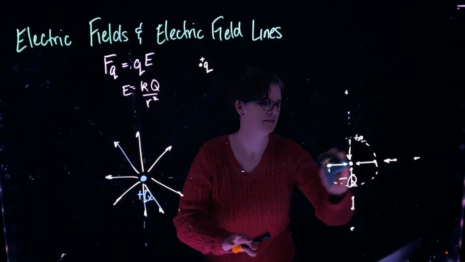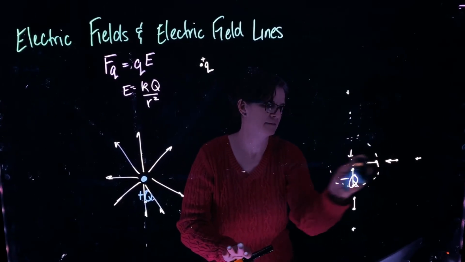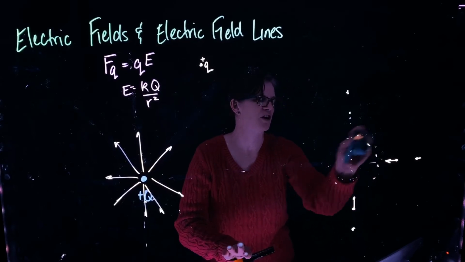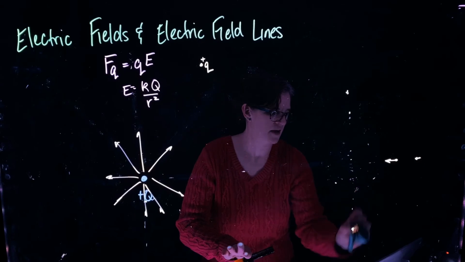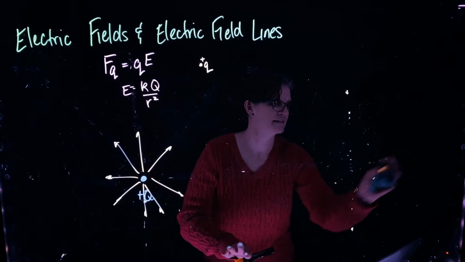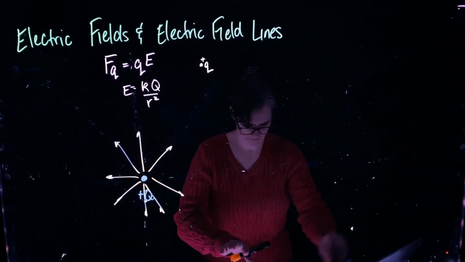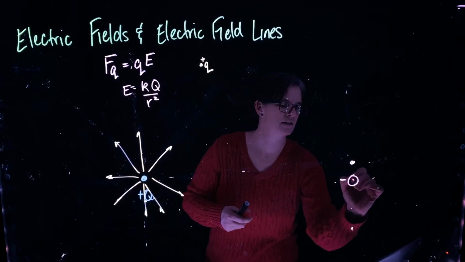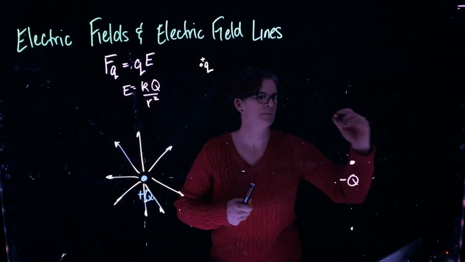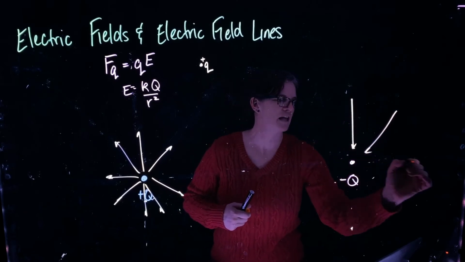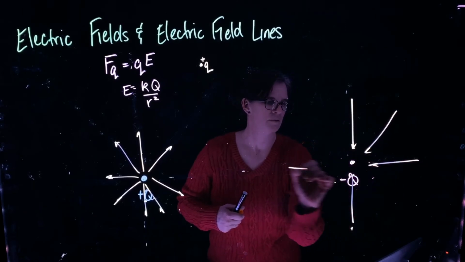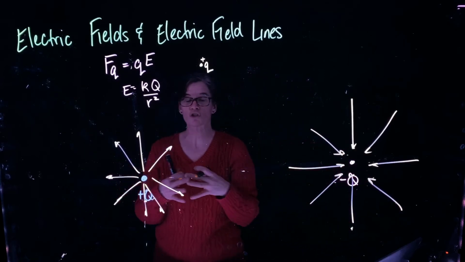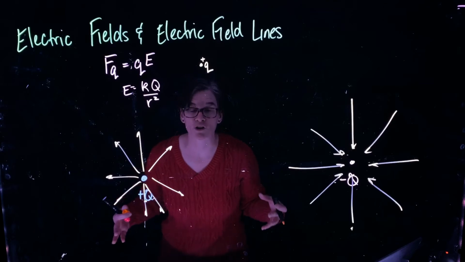Similarly, I erased the whole thing. For a negative charge, how does it influence the space? Well, we represent that negative charge influencing the space such as the electric field lines point inward. And again, the closer we get to the charge, the stronger the field.